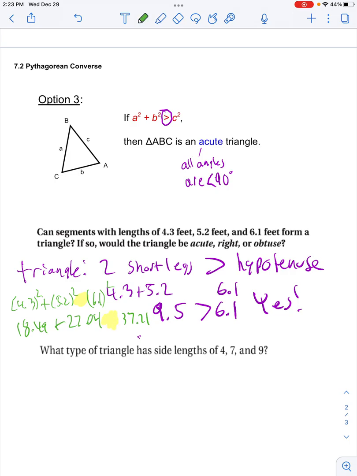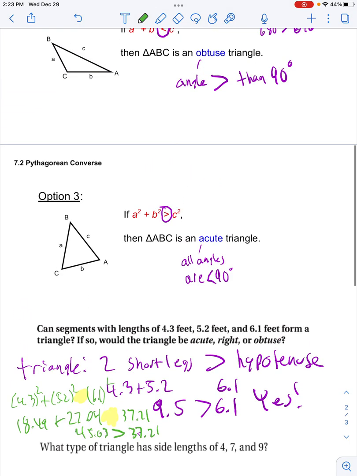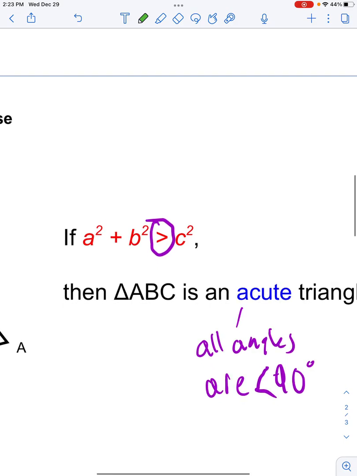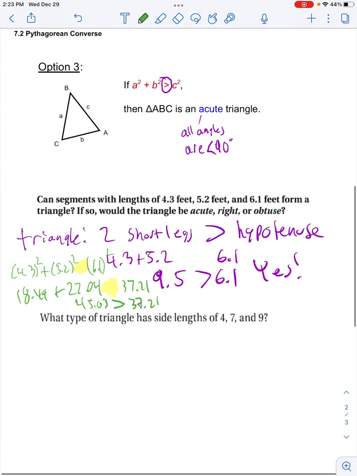So as I add these up, 18.49 plus 27.04 is 45.03, and that is greater than 37.21. And that would mean that this triangle is an acute triangle.